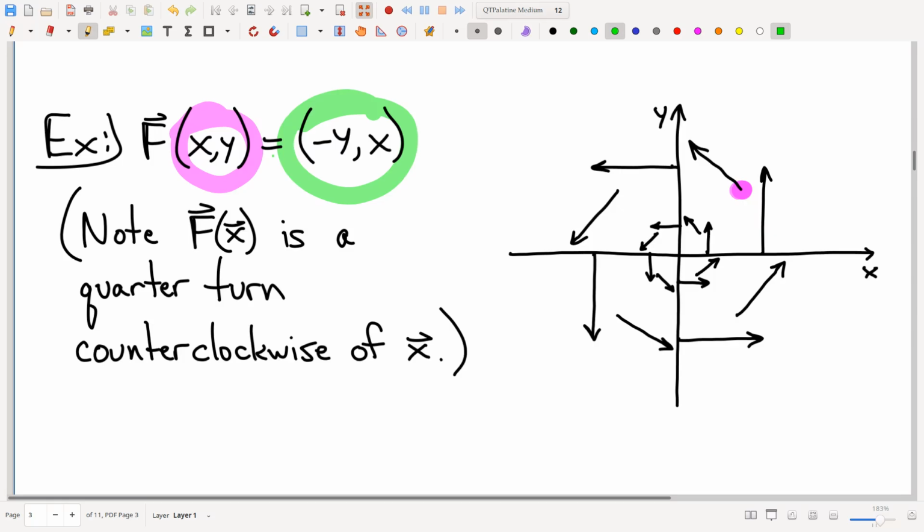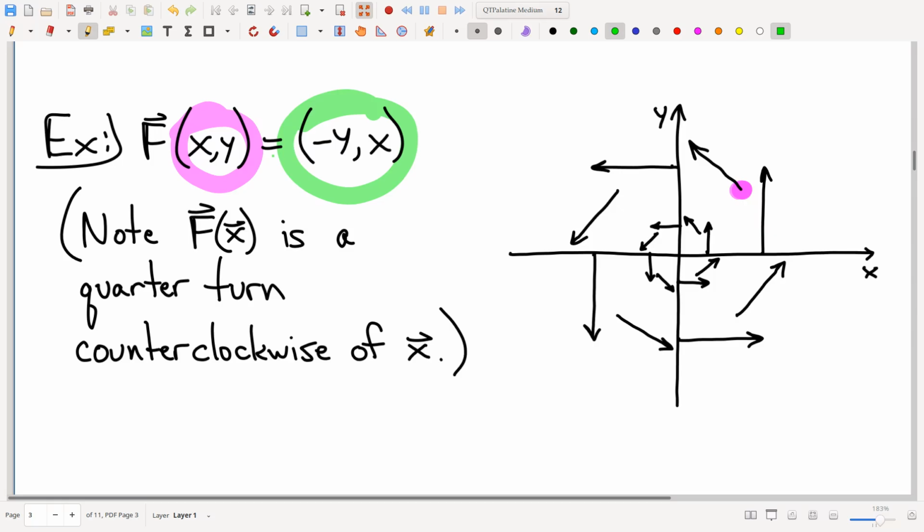And these two vectors are orthogonal, easily confirmed: take a dot product, you get 0. So they're perpendicular, other than at the origin, which is just one point, and we don't really care about that. The field vector is perpendicular to the position vector for your point.